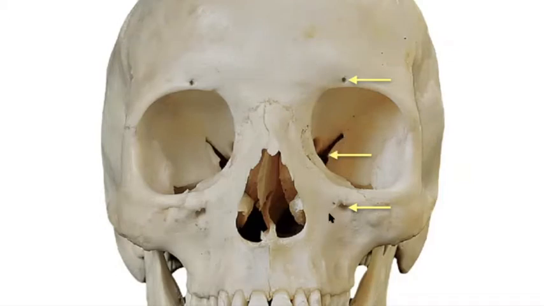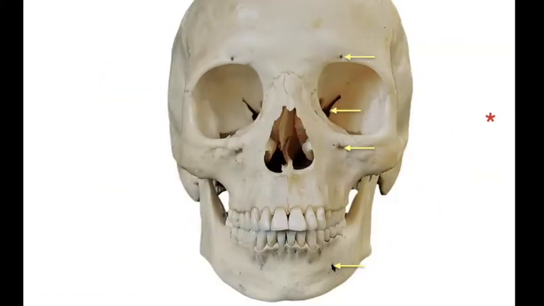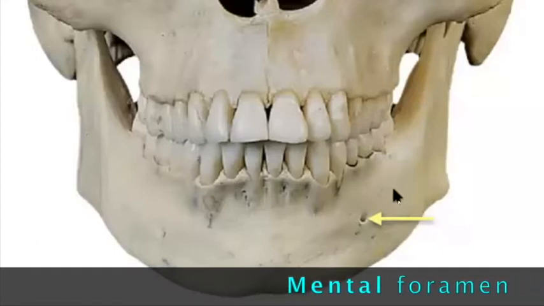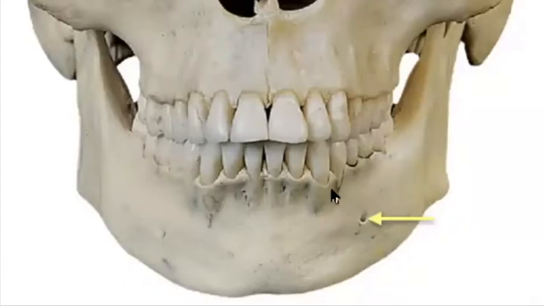So those are around the eye, and they have something to do with orbital because of the eyeball. And then over here, for some unknown reason, it's called a mental foramen. This is the mental region, those little paired holes on either side.